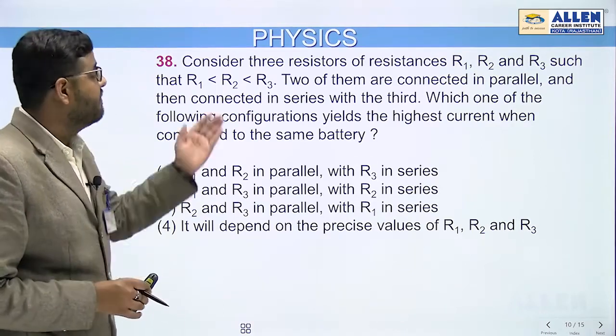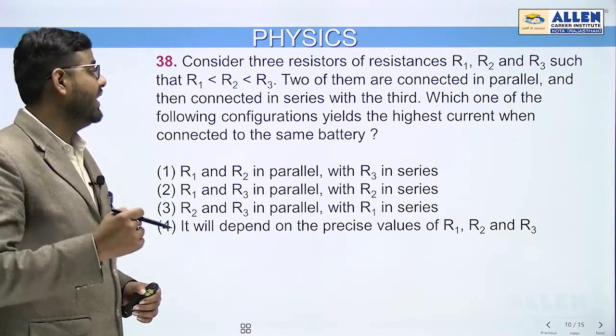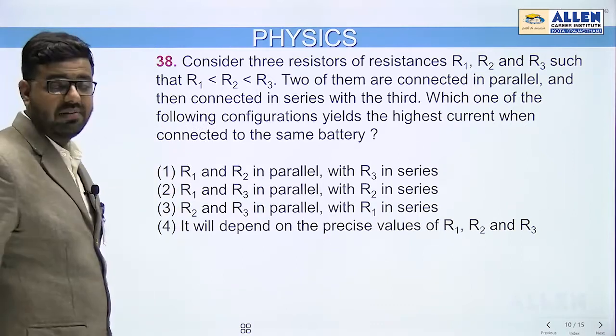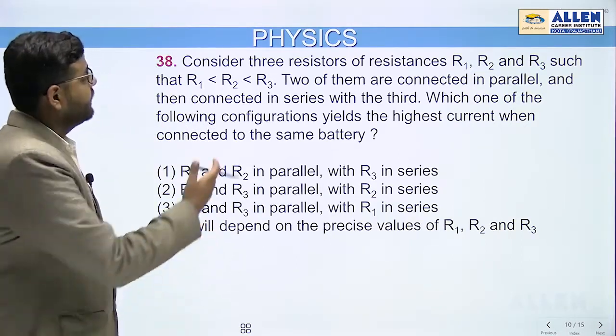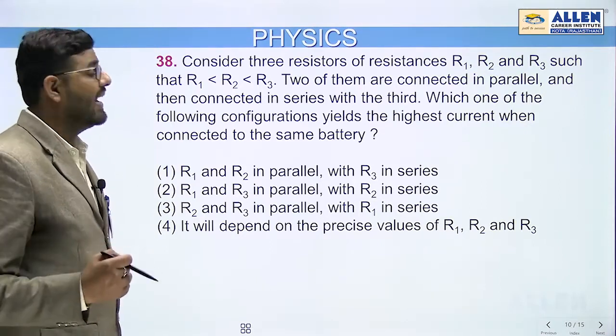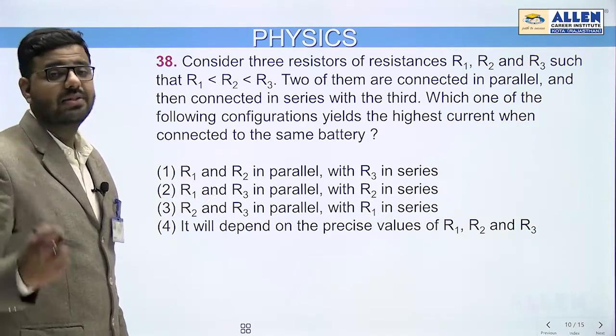So obviously we will connect R2 and R3 in parallel, and then the equivalent of R2 and R3 is connected with R1 in series. By connecting R2 and R3 in parallel, we will get the least resistance, and R1 in series with this combination.